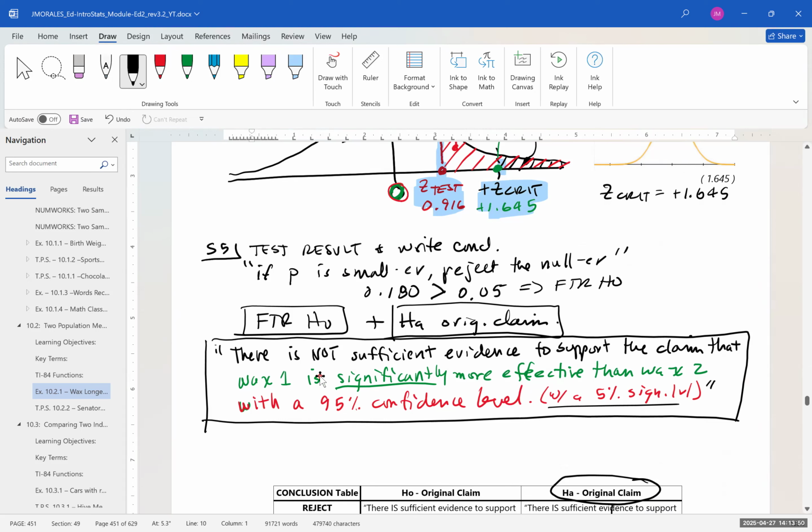So statistically, mathematically, we've shown that it's not worth the extra cost. Wax one is not worth it. It's not worth 10 times the price. You're better off just going with wax two and saving your money. Maybe having enough of wax two to last you a whole year instead of buying wax one for only a month. That can make a difference.